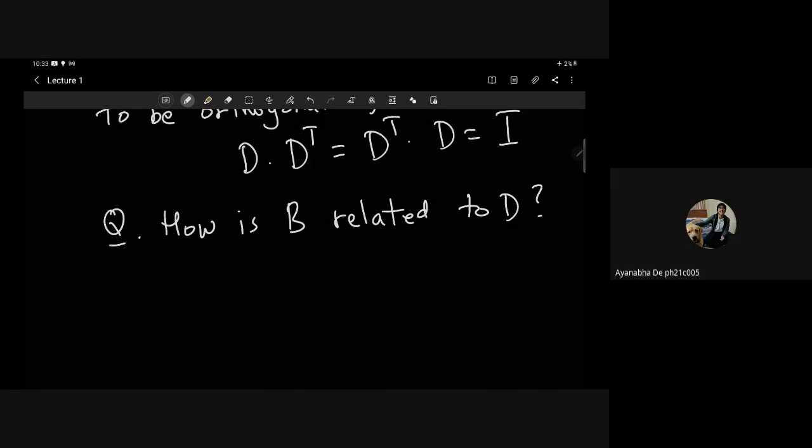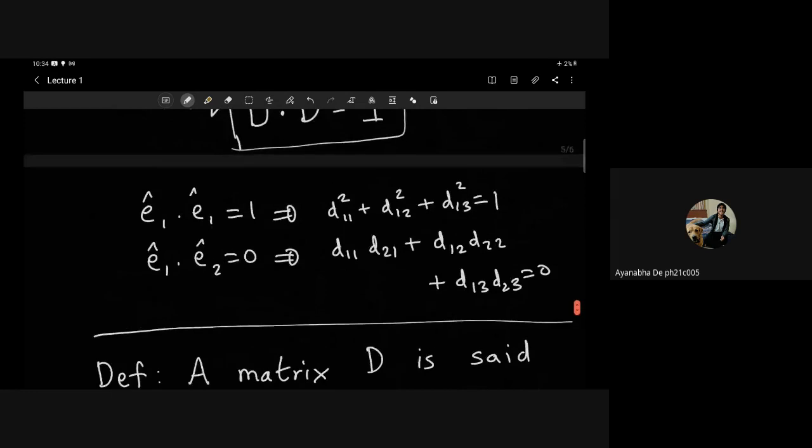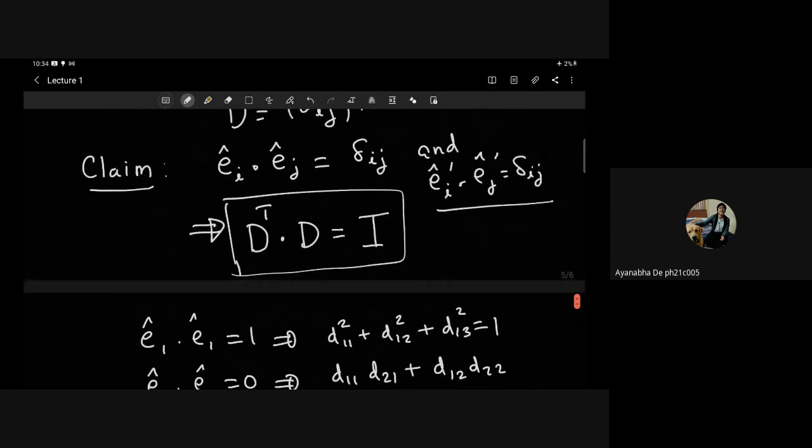Sir, I think the B matrix also should be symmetric. No, B need not be symmetric. D is also orthogonal. B is either equal to D or D transpose, we'll see that in a moment. If it is not symmetric, then how can we write that D dot D, I mean, the inner product of the matrix is D11 square plus D12 square?